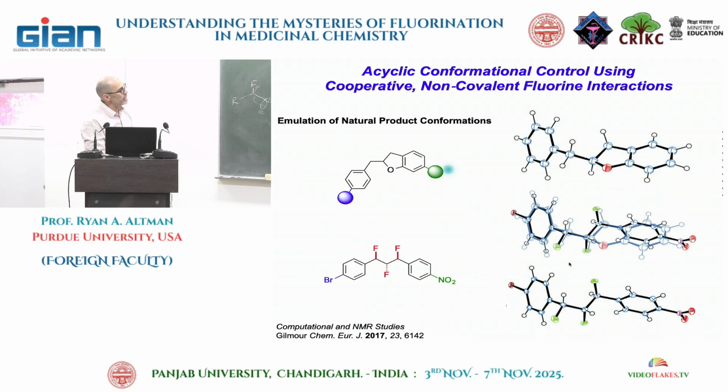So in this model system, we have a dihydrobenzofuran, a methylene, and then some other moiety over here, an aryl ring in this case. The NMR structure and computational structure gives you something that looks like this. In this case, with fluorine patterning, we can recapitulate the solution structure of the molecule on the top using fluorine.